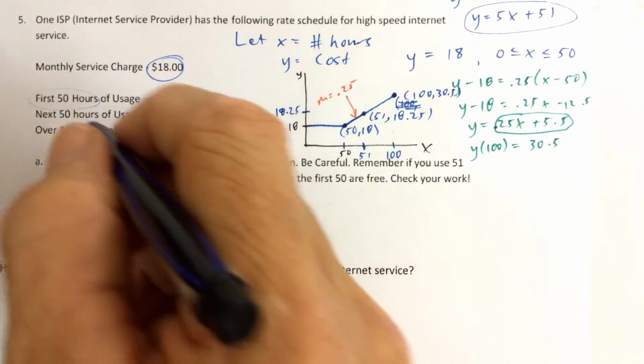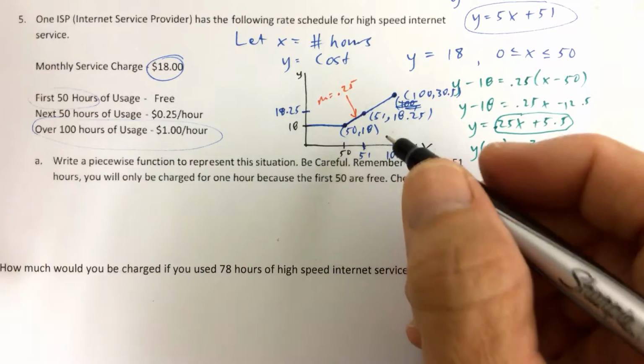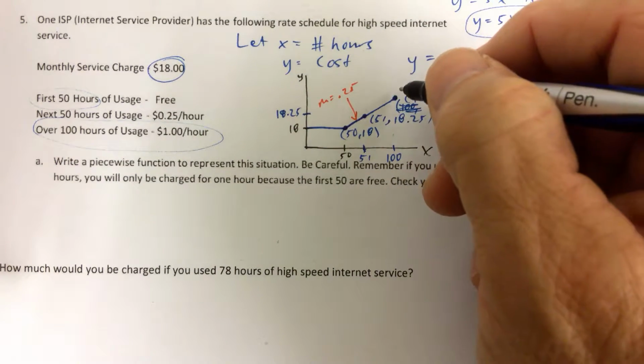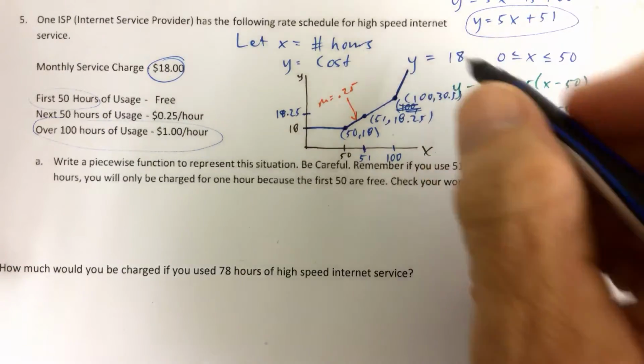And then we have yet another tier to this payment plan of $1 per hour after the first 100 hours. And so our rate at which we have to pay our fee is going up again. So let's figure this out.